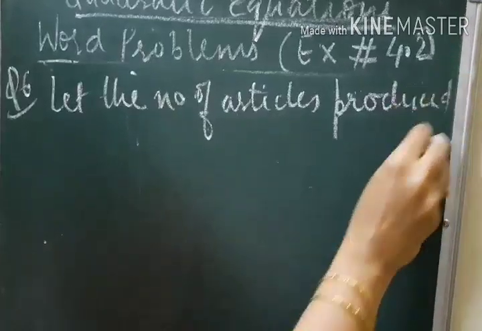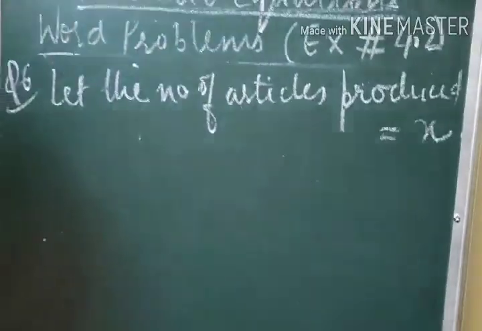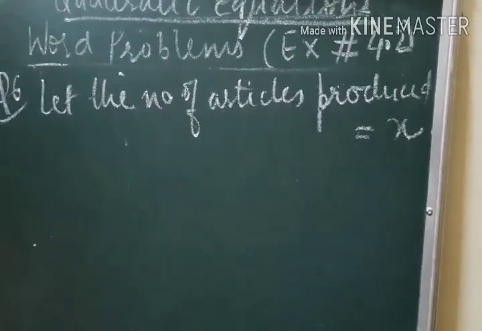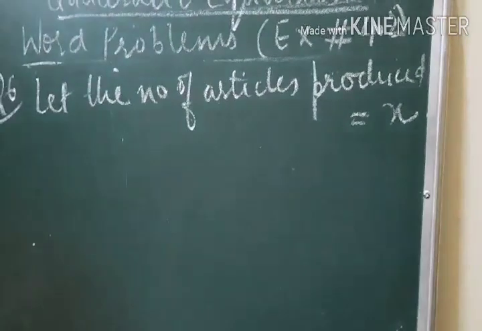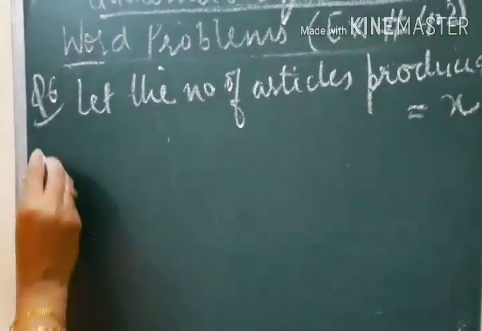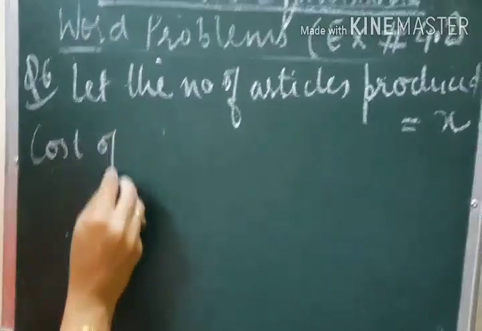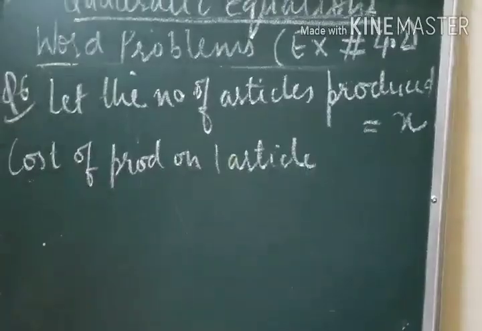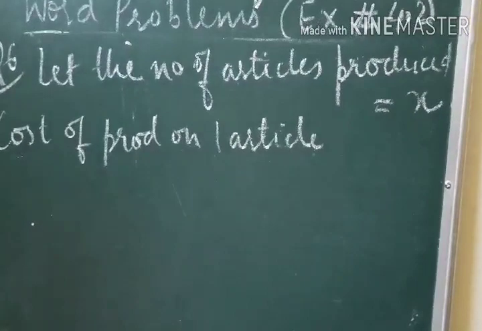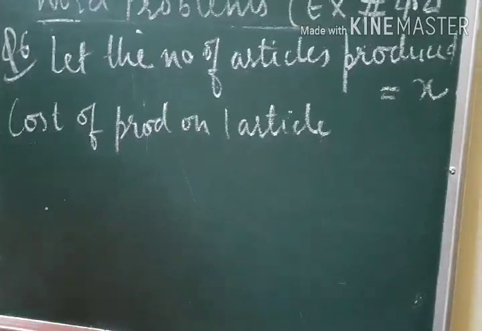You don't know how many articles it is producing, so it is x. It was observed on a particular day that the cost of production of each article, one article, was 3 more than twice the number of articles produced.